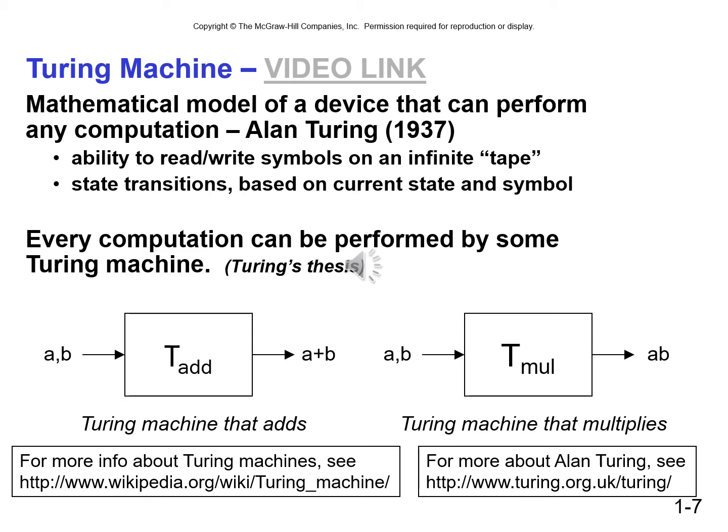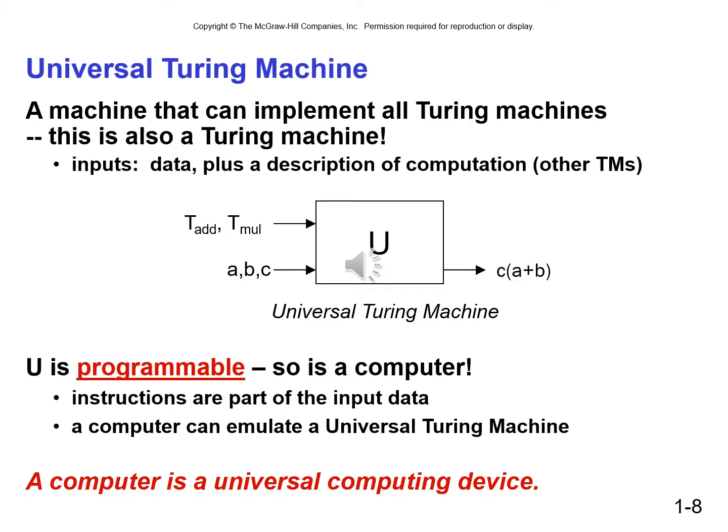So we're going to talk a lot about Turing-capable machines. And there is a video link in this slide or in this video, and I'll also place it in the Canvas timeline that I'd like you to watch that describes the Turing machine. So the universal Turing machine is a machine which can implement all Turing machines. That is, it is also a Turing machine.